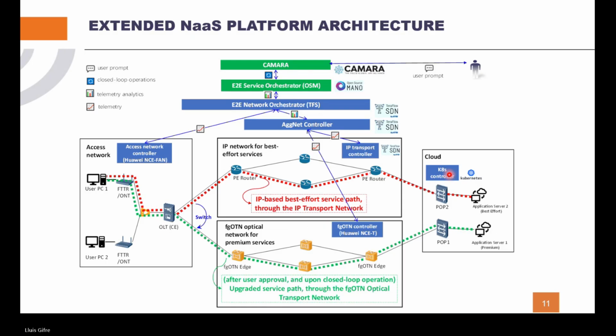If at some point best effort is not able to respect the specific quality on demand requests and the SLAs that are agreed with the end users, we will automatically switch to the premium services. That way, we try to guarantee that the end user will have the appropriate quality, but also minimize the cost of the final connection provisioning.